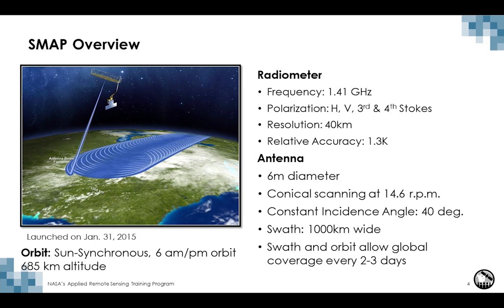The orbit is a polar sun-synchronous orbit, and SMAP is at an altitude of 685 kilometers with a 6 a.m., 6 p.m. equatorial crossing. So that allows for a 2 to 3 day global revisit because of the swath-to-swath overlap. But in terms of an exact orbit revisit, it's an 8-day exact orbit revisit.